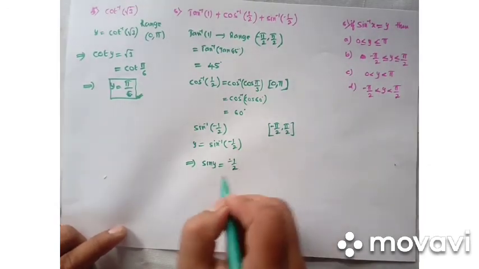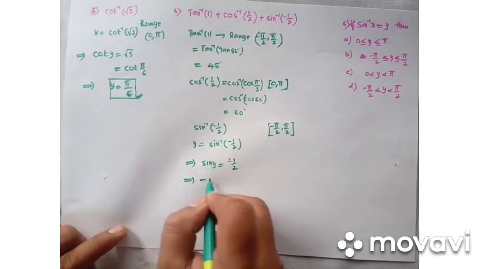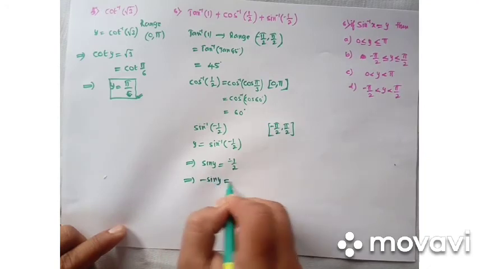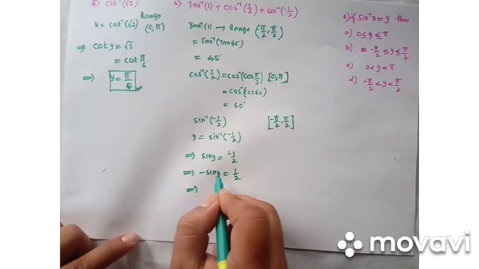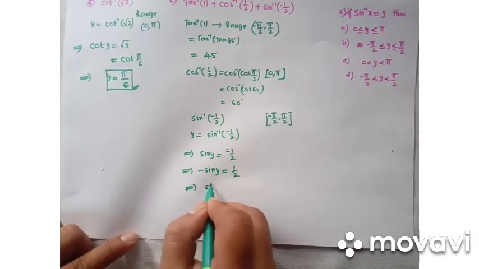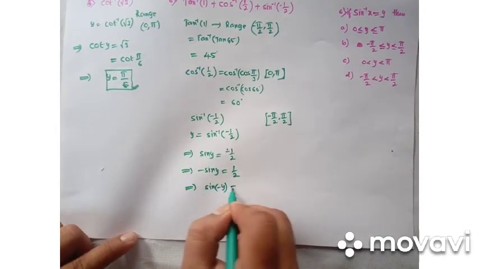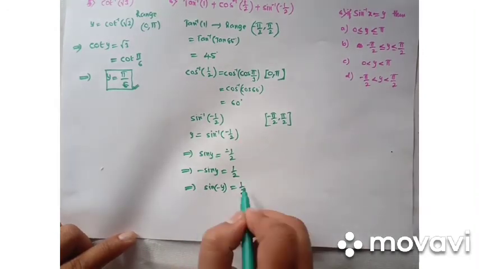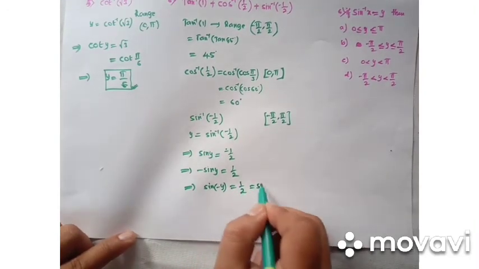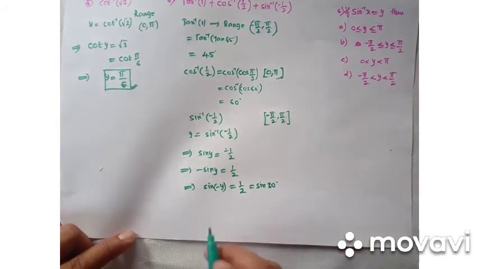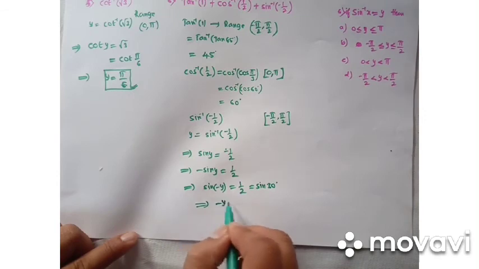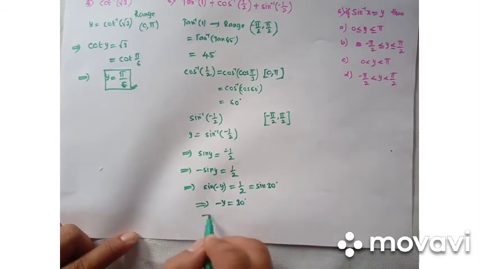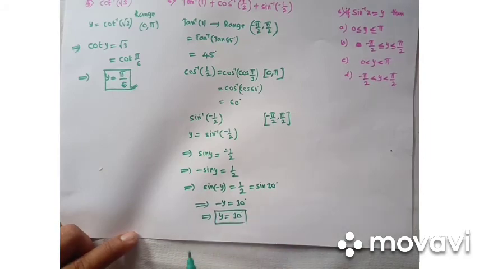Send this minus to the left hand side, minus sin y is equals to 1 by 2, and send this minus inside of sin. Sin of minus y is equals to 1 by 2. The 1 by 2 value will be equal to sin 30 degrees. Now sin and sin both will cancel, so minus y is equals to 30. Then y can be taken as minus 30 degrees.